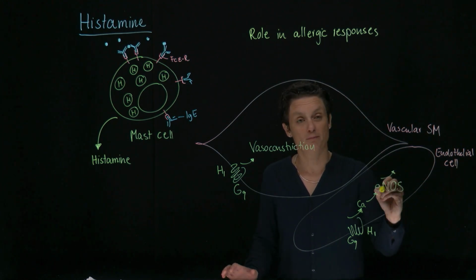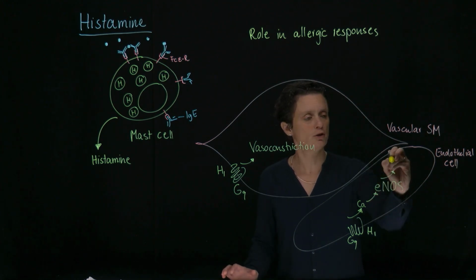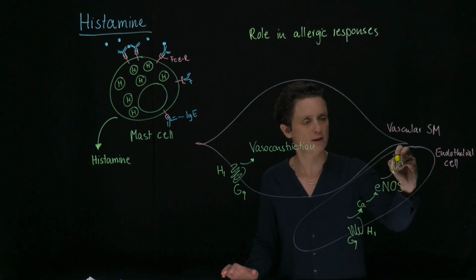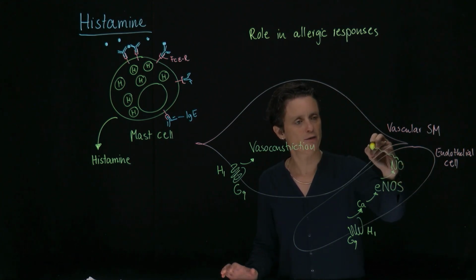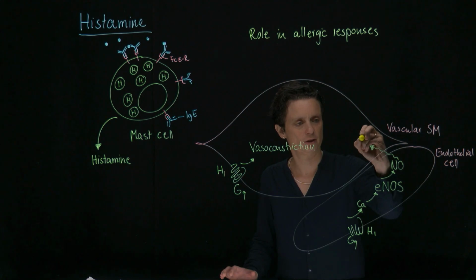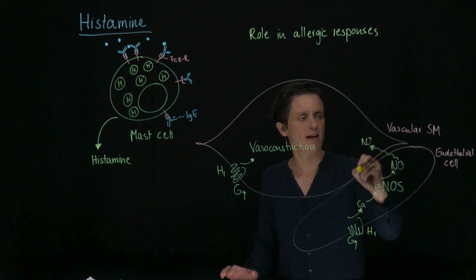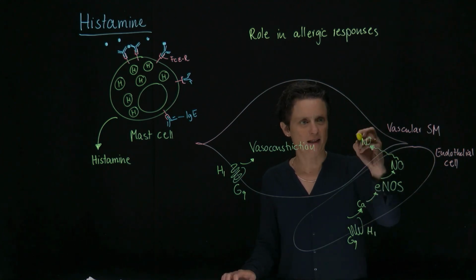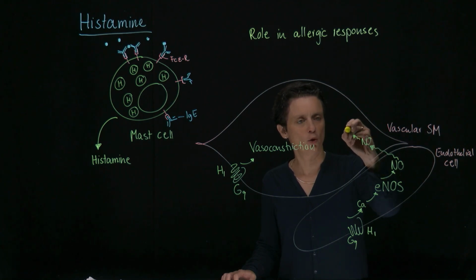And as the name already implies, endothelial NO synthase makes NO, this gas. And this is going to diffuse everywhere. It's a gas, so it's also going to diffuse into the vascular smooth muscle cell. And it's going to activate soluble guanylyl cyclase.